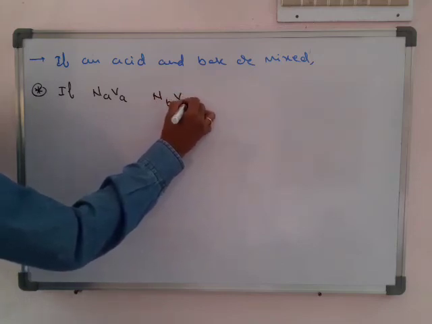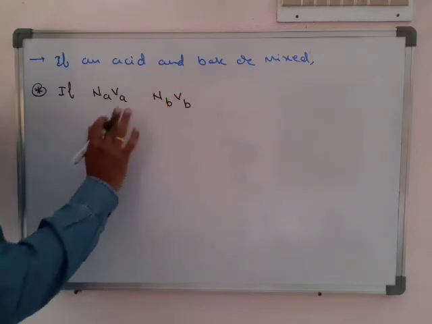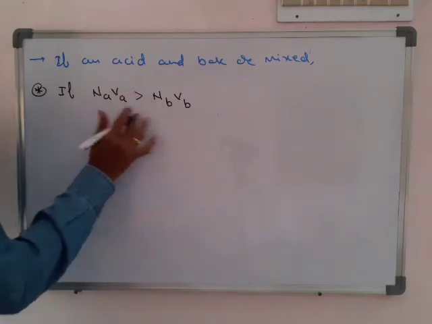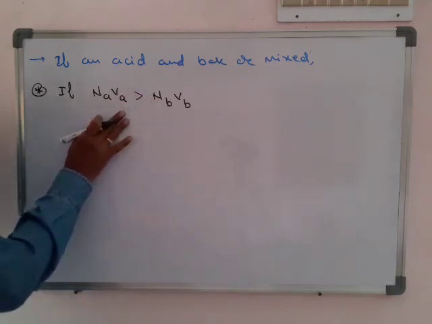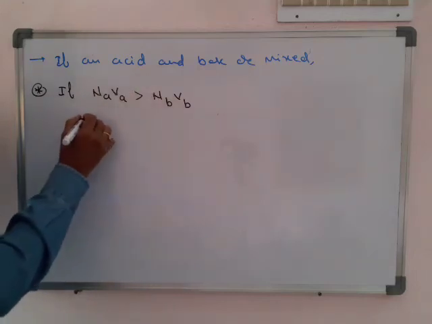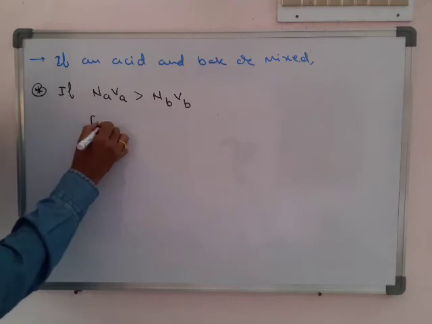First we calculate these separately, then compare NaVa. If NaVa is greater than NbVb, meaning milli equivalents of acid are greater than milli equivalents of base, then the final concentration will be H plus.